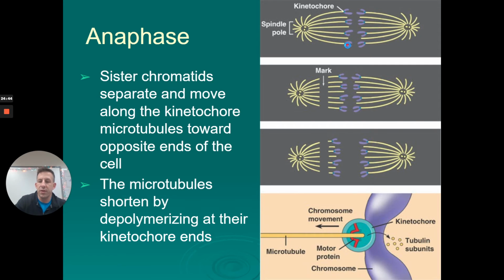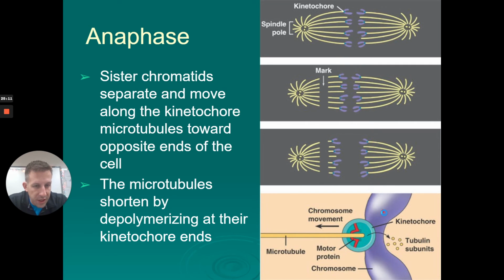Remember we mentioned when we talked about the cytoskeleton that microtubules are cytoskeletal structures, and the cytoskeleton acts as a highway, okay? The organelles and other things inside of the cell, including chromosomes, can actually ride on these highways, and that's exactly what's happening with these chromosomes.